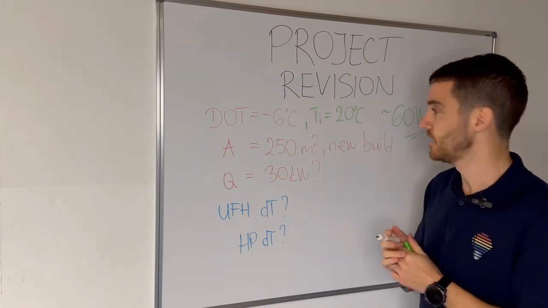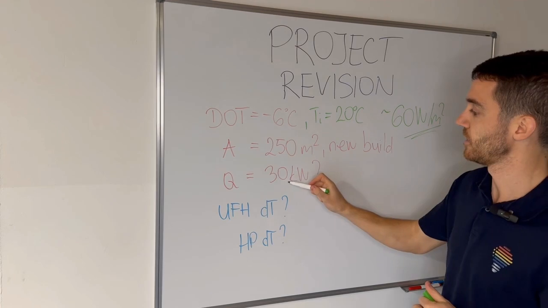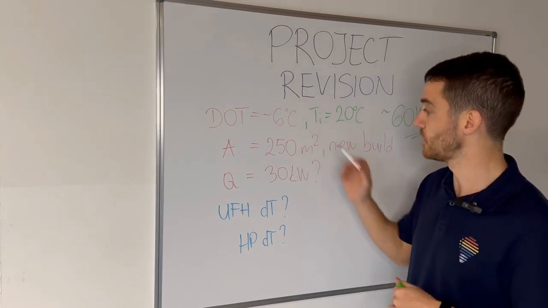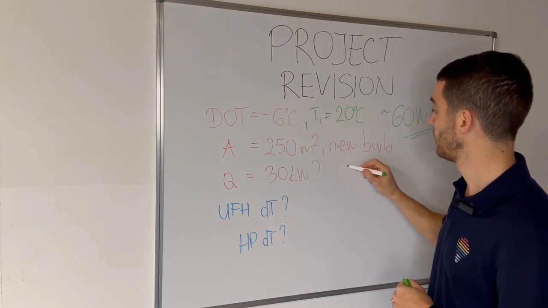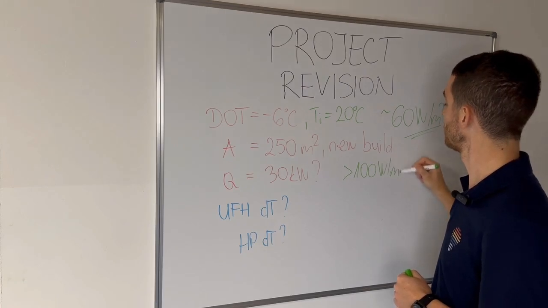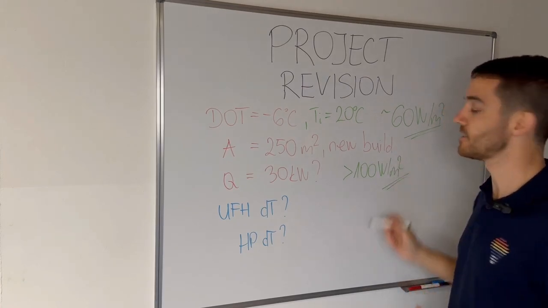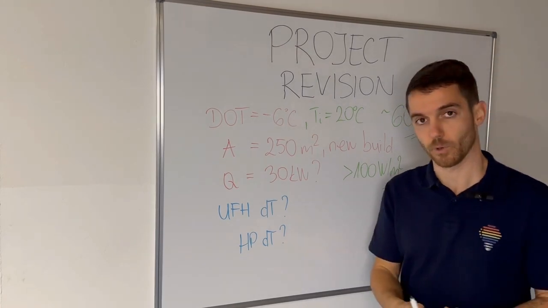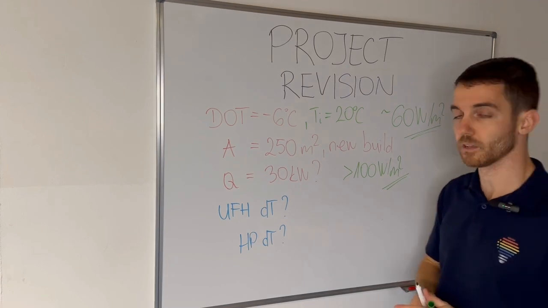At -6, even lower. What we have here, if we divide 30 kilowatt or 30,000 watts by the square meters, is more than 100 watts per square meter. So this is not legal in Croatia, so you cannot build your house with such a high heat loss.